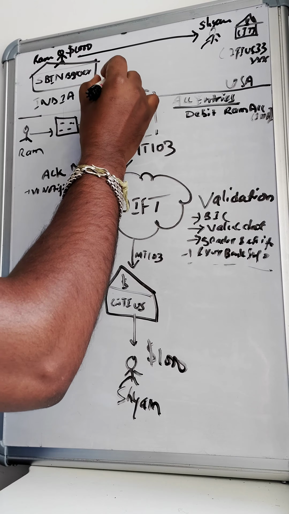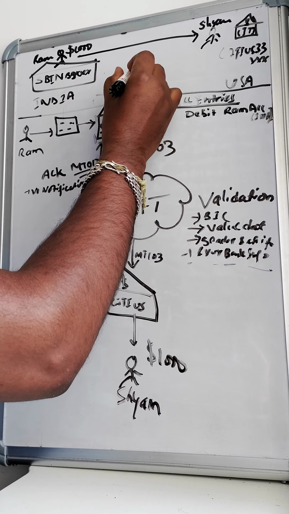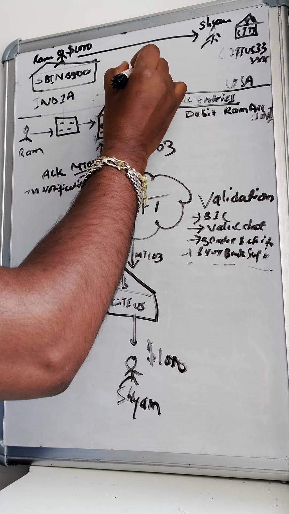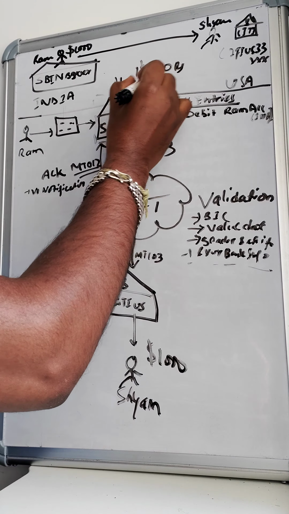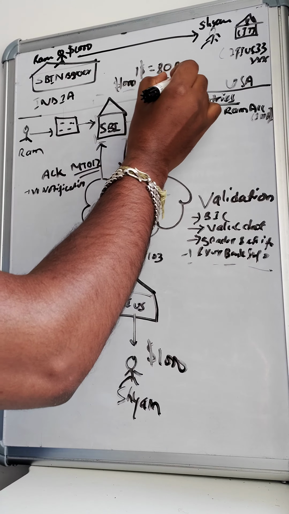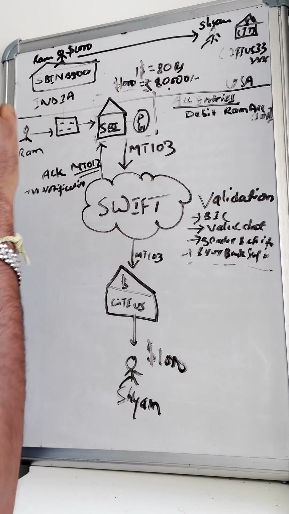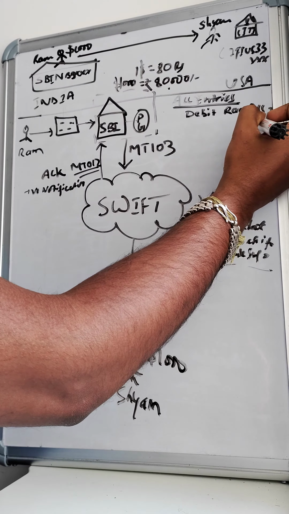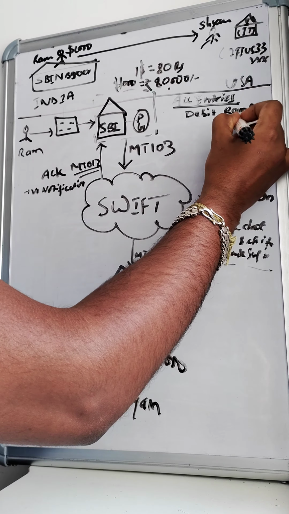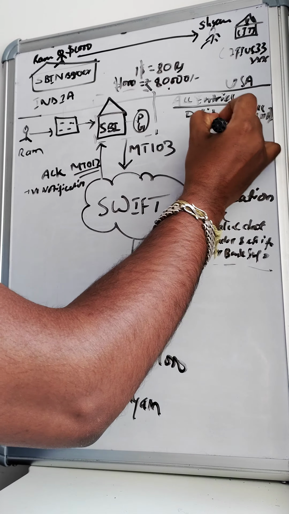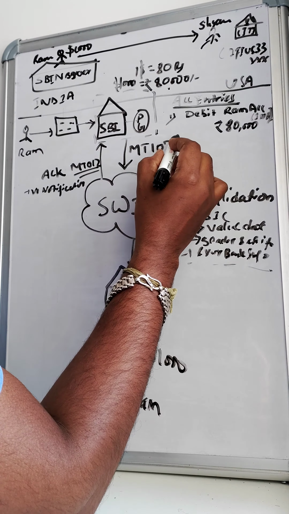So basically for $1,000, the current exchange rate is, let's say, $1 equals 80 rupees. So $1,000 equals 80,000 rupees, right? So it will debit Ram's account in Indian national rupees, so that becomes 80,000 Indian national rupees.